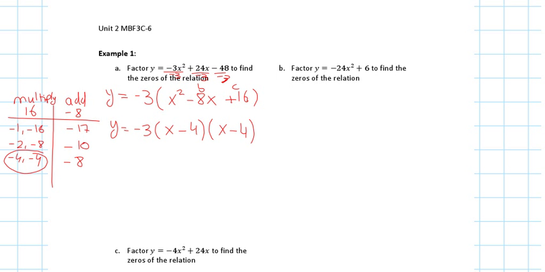Okay? But yes, I can. It's exactly the same thing. You have 16 and negative 8. So the signs are positive and negative. No. B, you have to look at your equation, right? B is negative.